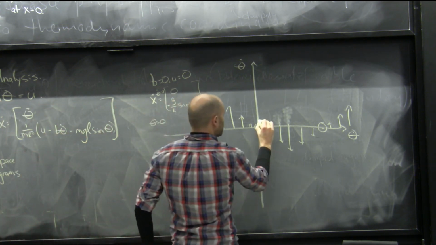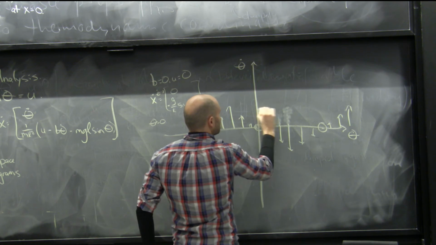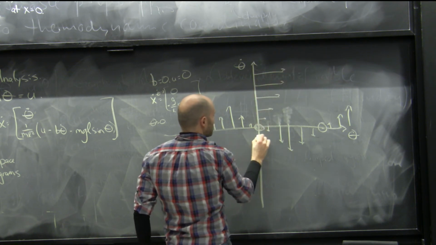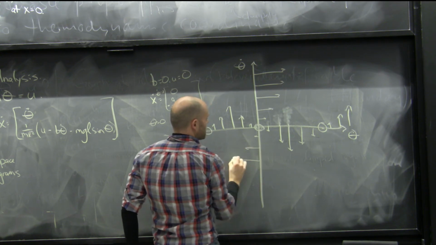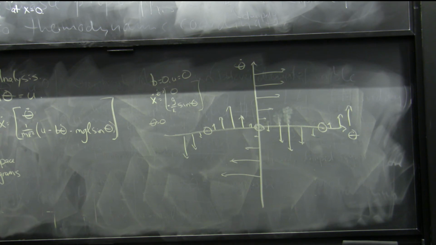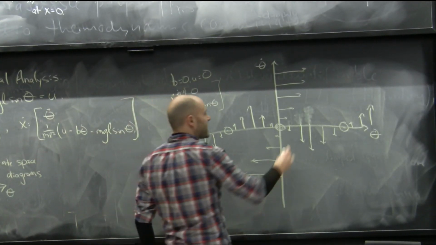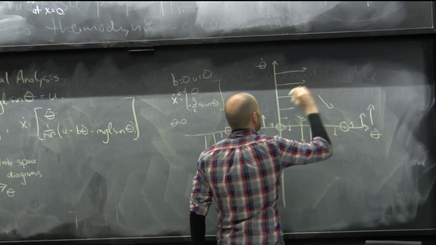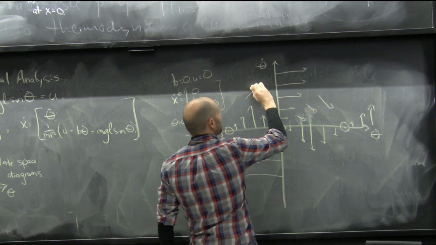So I get something that just grows like this, and components only in this axis. And it turns out if you fill in the gaps, you'll see that these vectors over here kind of go like this. And these vectors over here kind of go like this.